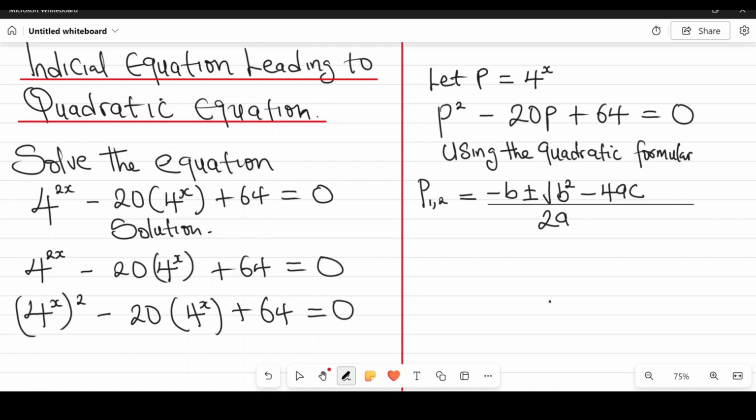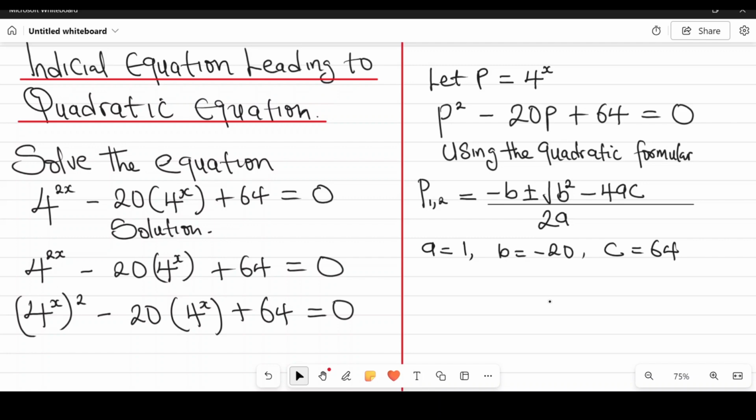So from our equation, a is equal to 1, b is equal to negative 20, and c is equal to 64. So we have our values for a, b, and c.